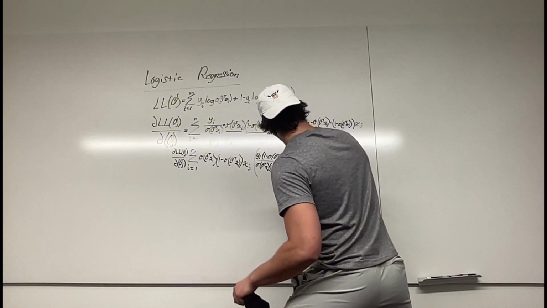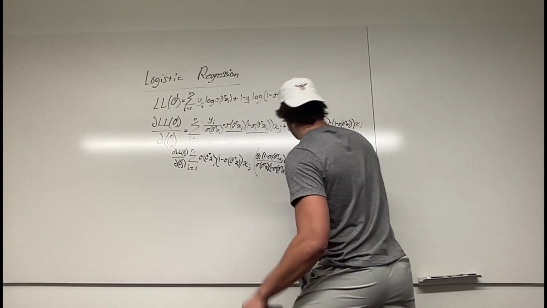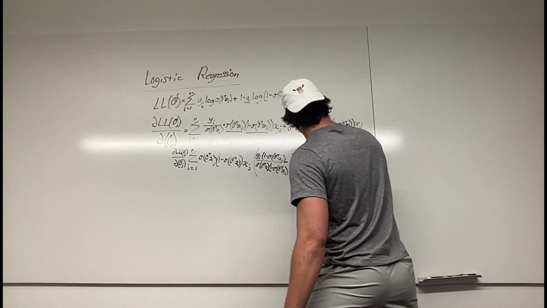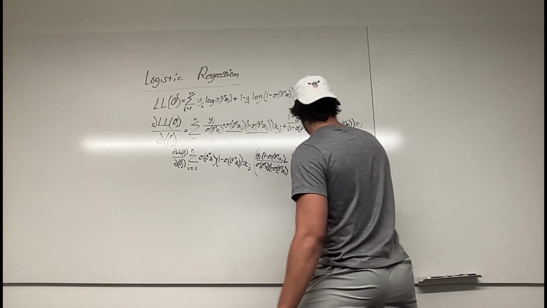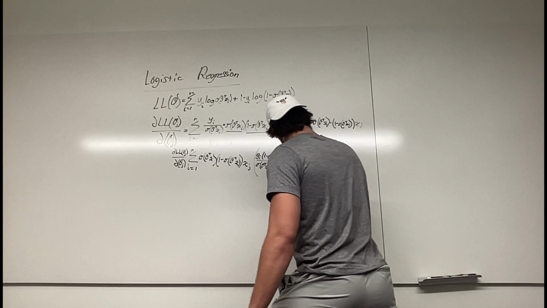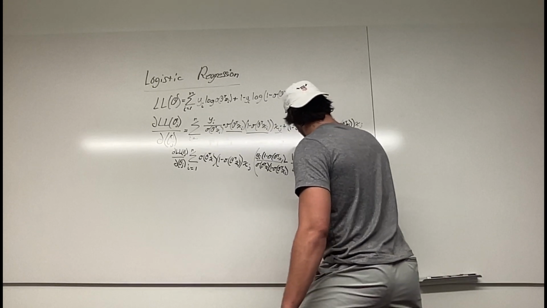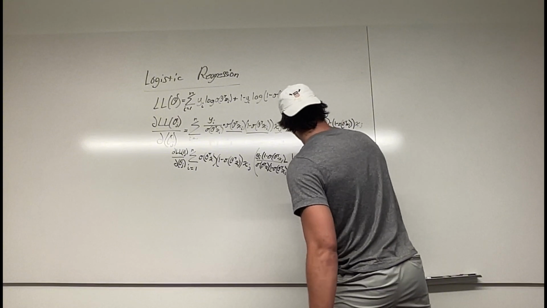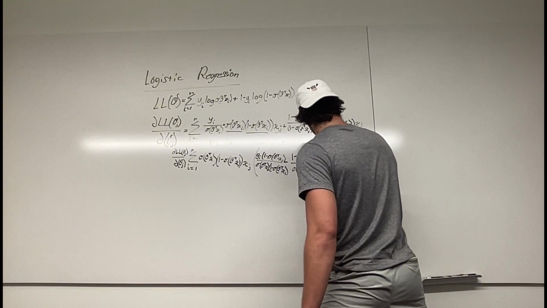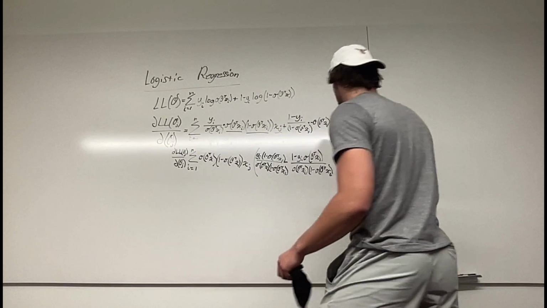And this is going to be 1 minus yi times sigma of theta transpose xi all over sigma of theta transpose xi times 1 minus sigma theta transpose xi. All right, we're getting somewhere.